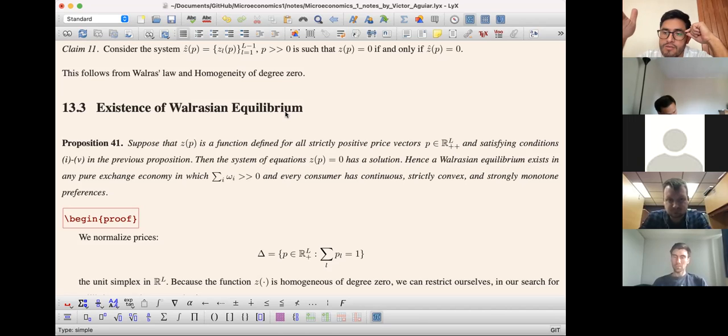Both Kakutani's and Brouwer's are in the Mas-Colell mathematical appendix, and you can read them even on Wikipedia by this time. They are so popular now, but at the time of Nash, this was very new. People were just working on it, and only the well-connected people knew about it. In fact, von Neumann knew about it, so he told Nash, "Look, this is just an application of Kakutani's theorem."